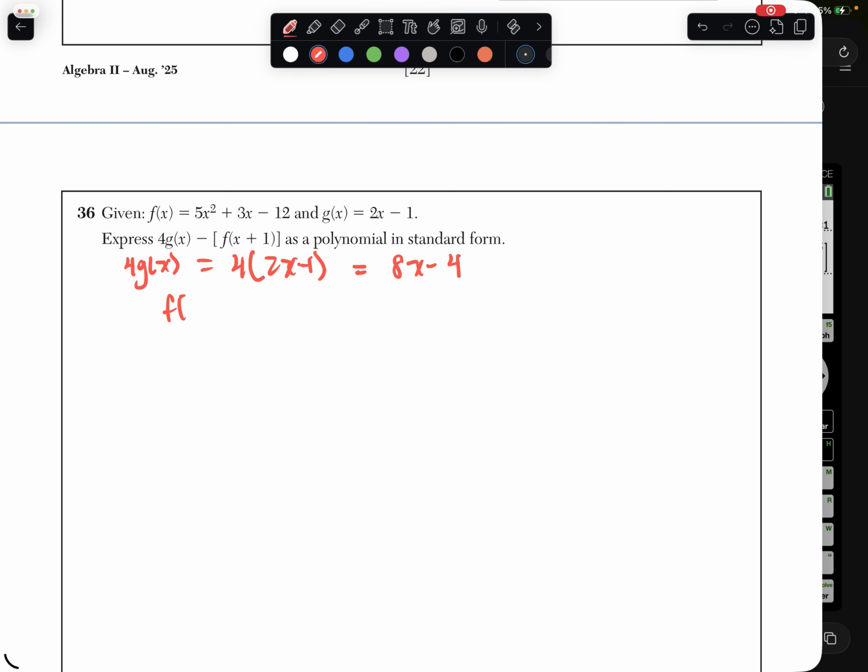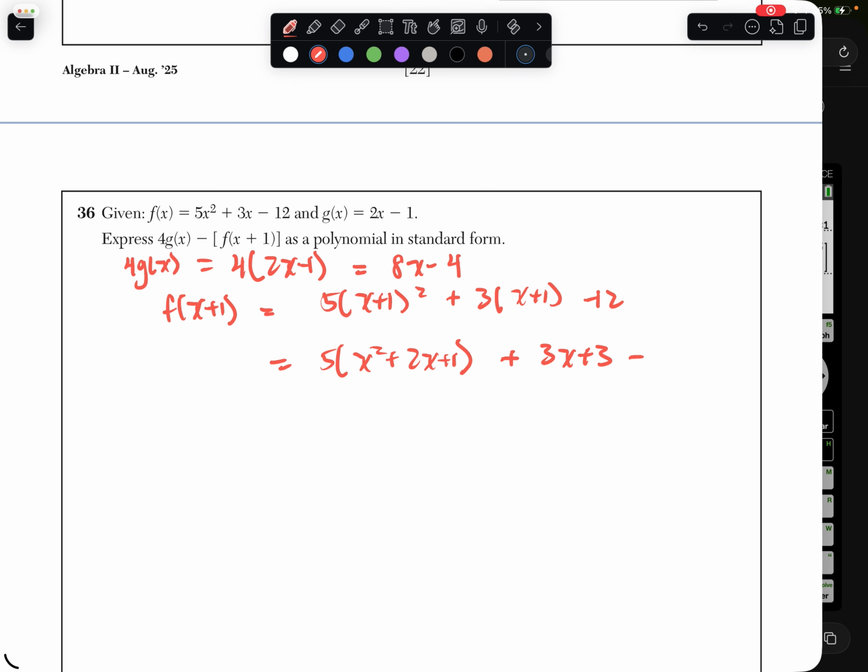Okay, and then we have f of x plus 1. That's equal to 5 times x plus 1 squared plus 3 times x plus 1 minus 12. So notice how I'm just plugging in x plus 1 into x in the original function here. That's what that means here. So this is equal to 5 times x squared plus 2x plus 1 plus 3x plus 3 minus 12.